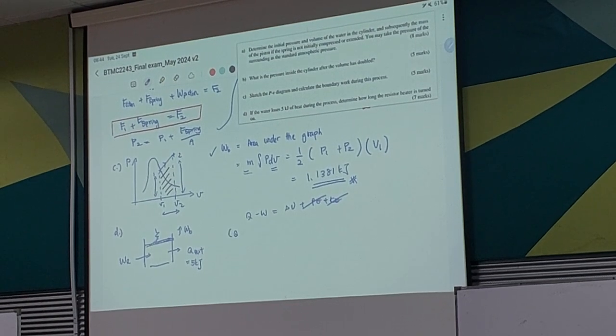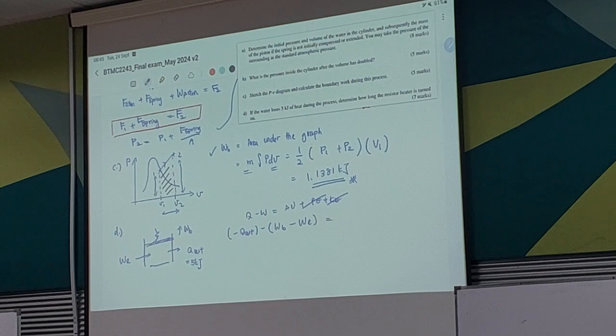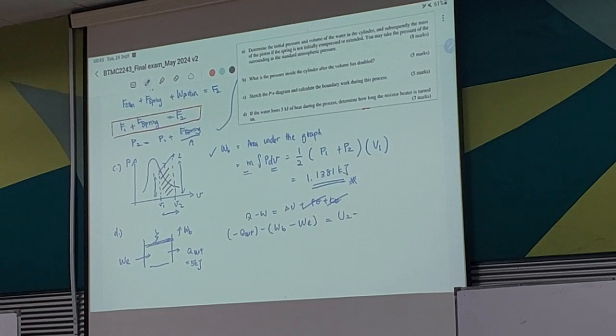In terms of Q, we get negative Q out, right? We have a Q out here. For work, we have both work in and work out. Work out here is boundary work. Work in is electricity work, equals U2 minus U1.